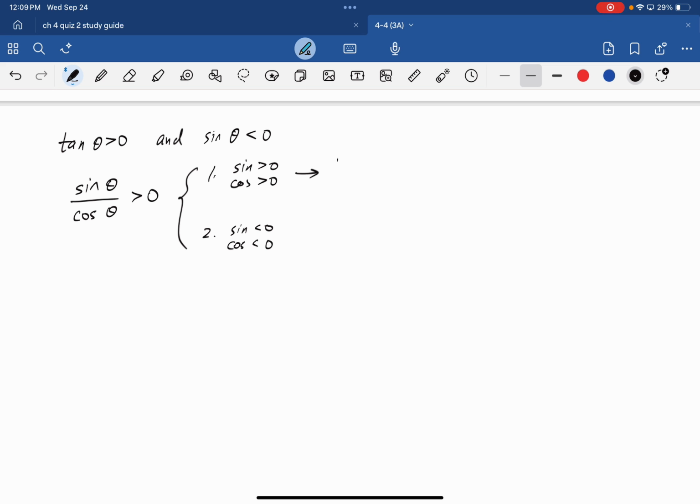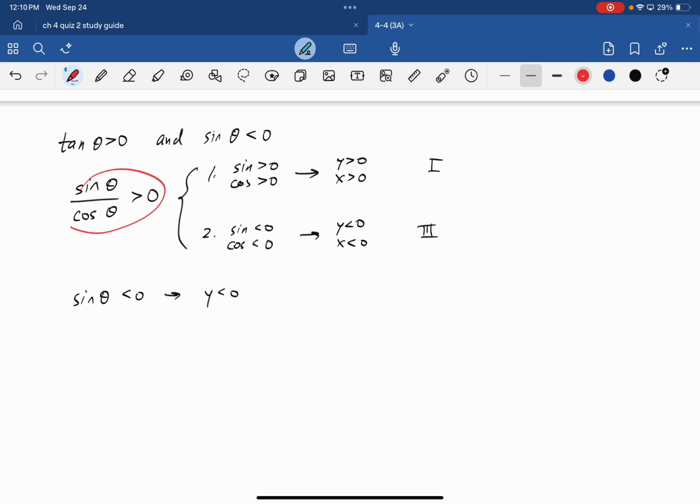So either y is greater than 0 and x is greater than 0, or they're both negative. So only quadrant 1 and quadrant 3 are possible for tangent to be greater than 0. Okay, so we can draw that. The final condition is that if sine is less than 0, then the y value must be less than 0.